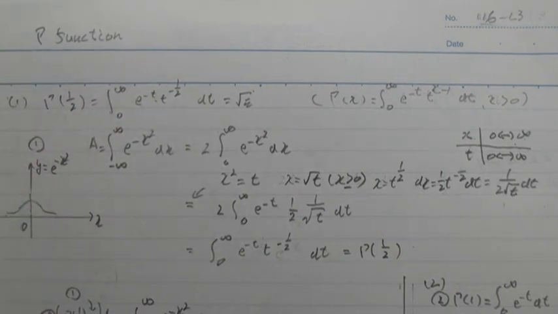Now let x squared equal t, so x equals root t, with x positive or 0. x equals 2 gives t to the 1/2. Then dx equals 1 over root t dt.